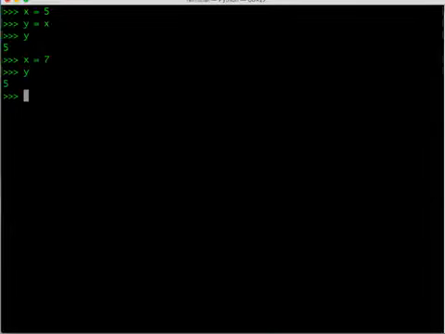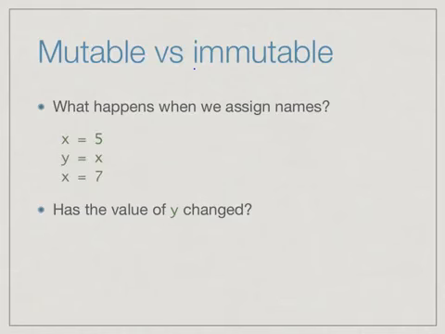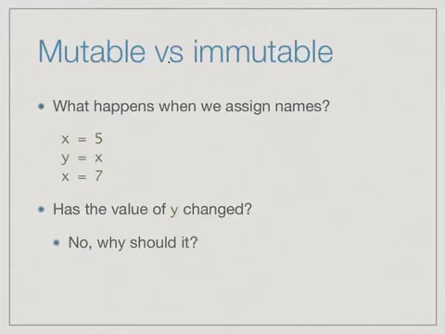And indeed y is still 5, and this is perfectly natural as far as our understanding goes, that what we did when we set the value of y to the value of x was that we made it 5. We didn't say make it the same value as x forever henceforth. So as we saw, the value of y actually did not change. And the question is, why should it change?